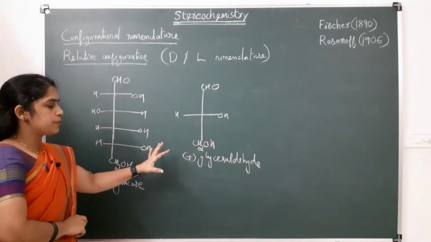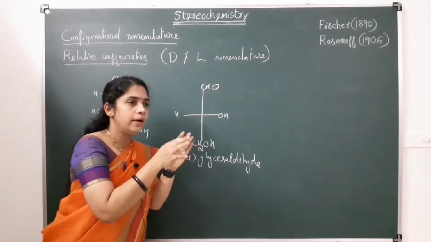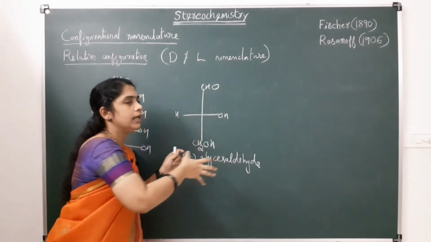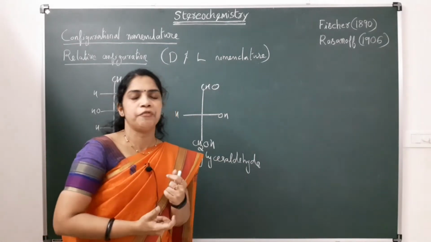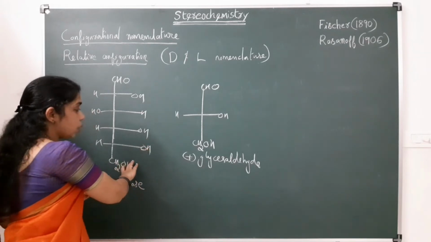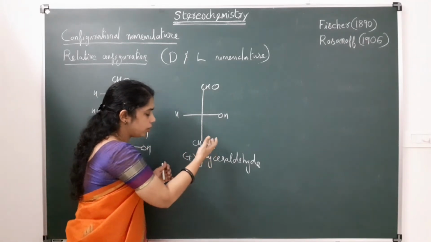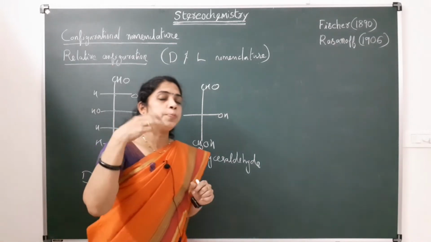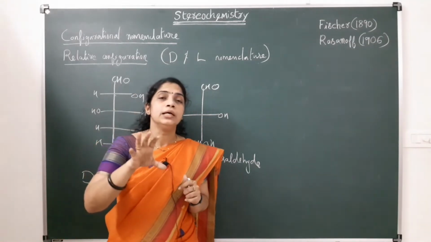So that observation made him take glyceraldehyde as a reference compound. That is, glucose can be obtained from glyceraldehyde, or glyceraldehyde can be converted into this D plus glucose.